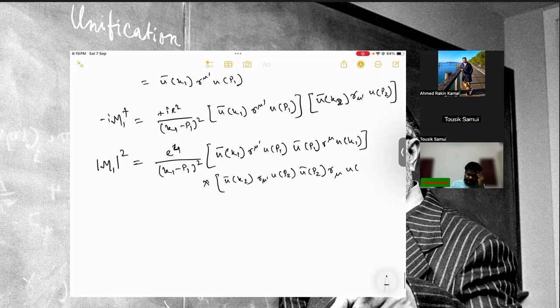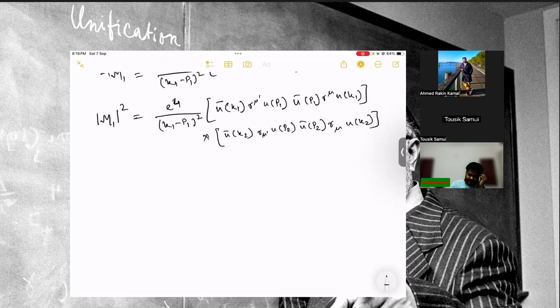Now here we want to do a small trick. Let's say the second term, the multiplication, let us represent it as the first few. All these things of course have these spin indices.